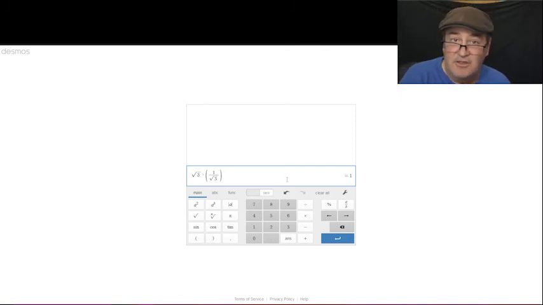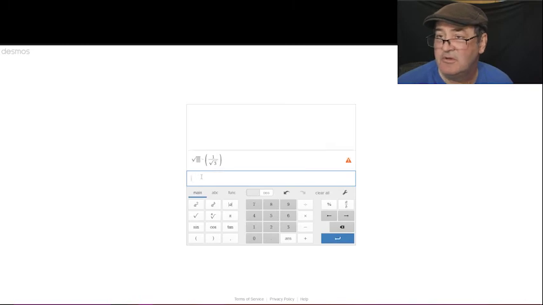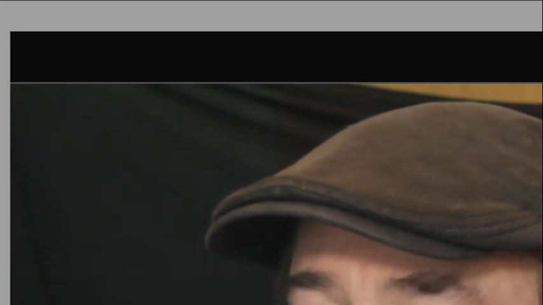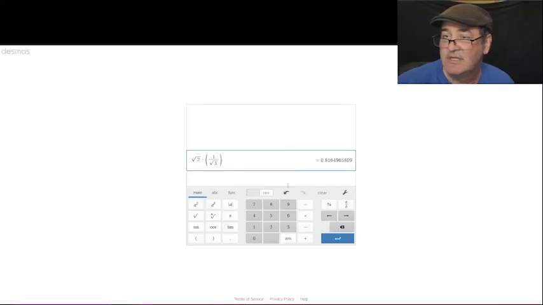That equals 1. Square root of 3 times 1 over the square root of 3 equals 1. But if I multiplied it by the square root of 2, square root of 2 times 1 over square root of 3, then I ended up with an irrational again.